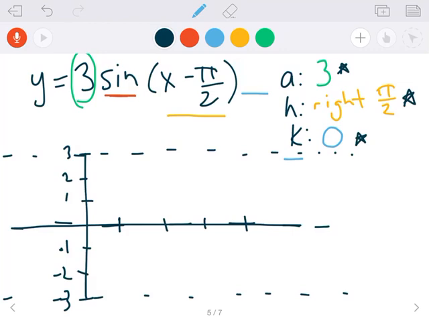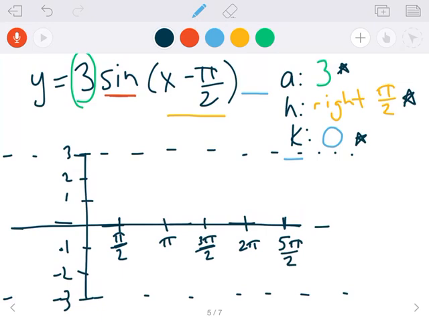Since we're shifting to the right pi over 2 units, we can still use pi over 2 as our marker. But since everything is shifted to the right, we need to go a little further than 2 pi. Counting after 2 pi, the next ones are 3 pi over 2, 4 pi over 2, and this would be 5 pi over 2.